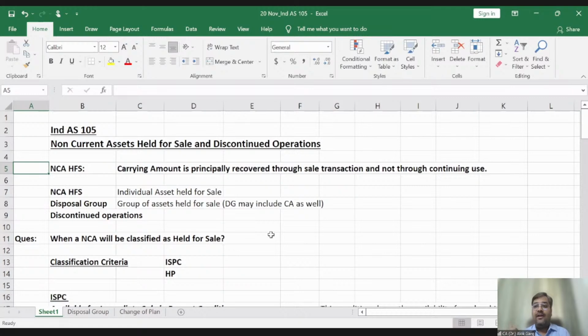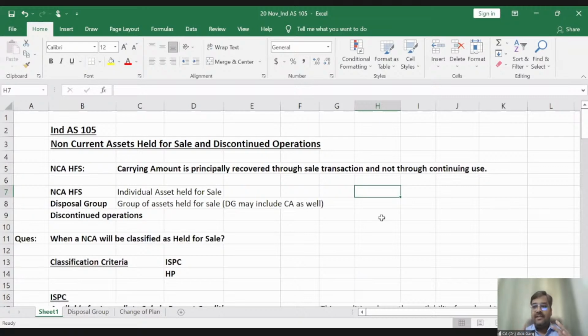When I'm saying non-current asset held for sale, it is more of an individual asset for sale, right? Second, we will be talking about disposal group. Disposal group is like a cash generating unit. Disposal group is like a group of assets. And you remember, I have taken an example of a factory, right? So disposal group is a group of assets where non-current assets would be there as well as current assets may be there.